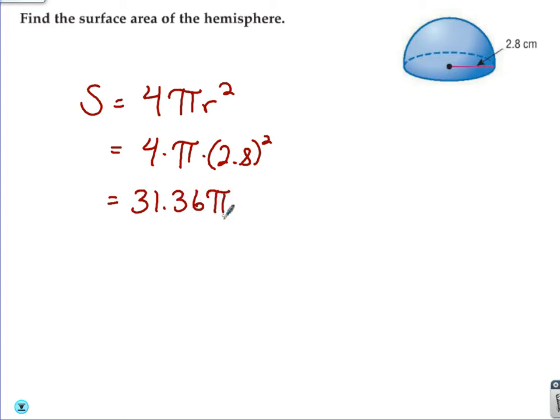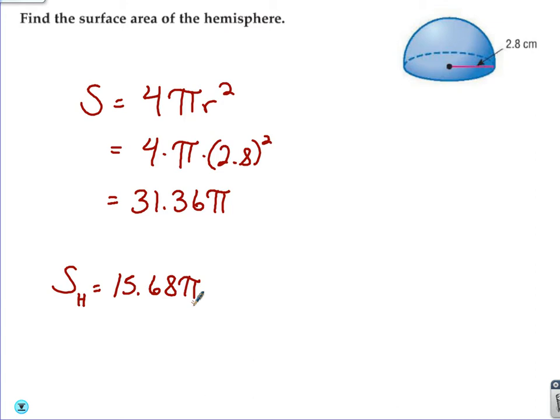And a lot of people say, well, since that's a hemisphere, you just cut that in half. So the surface area of the hemisphere would equal 15.68 pi. Anybody see a problem with that, though?